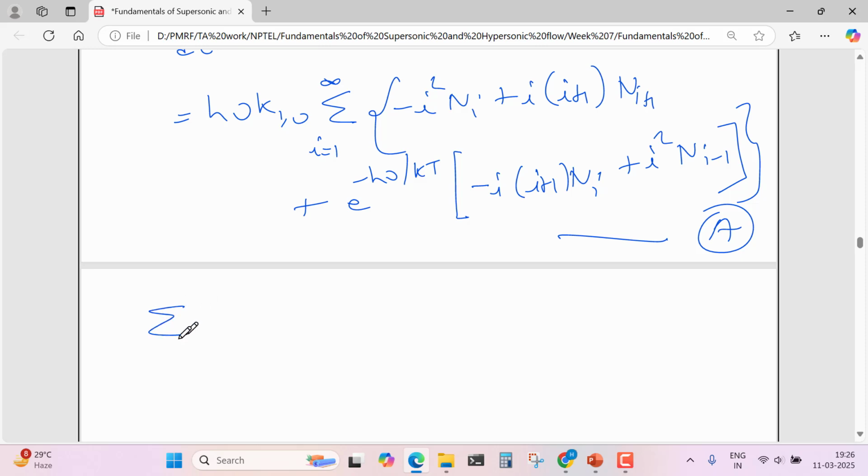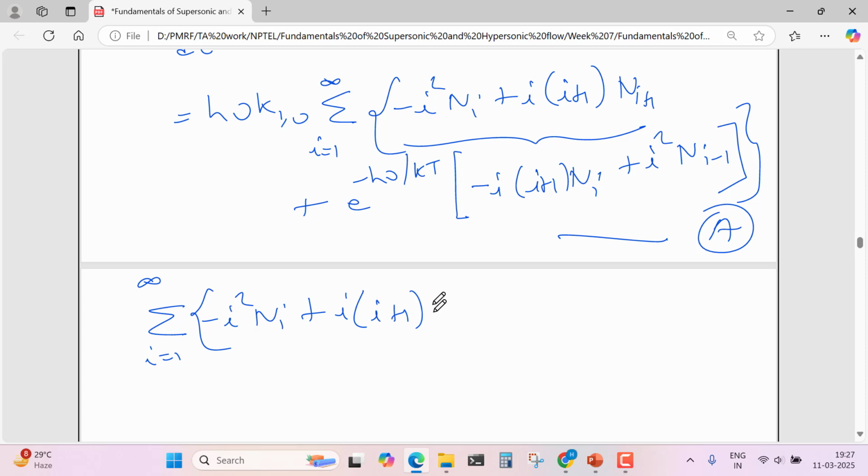For this part, first we will find the summation: sigma i equal to 1 to infinity of minus i square n_i plus (i plus 1) n_{i+1}.